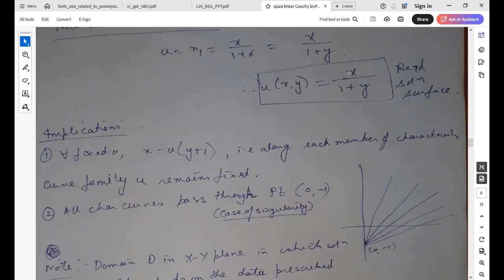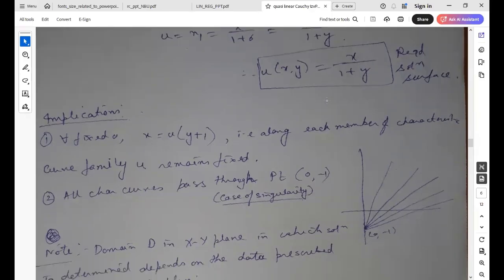If I change the data curve, the change will be reflected in the solution surface. And if the solution surface differs, then for different values of u, I will be getting different characteristic members. The whole family of characteristic members will differ if the form changes.